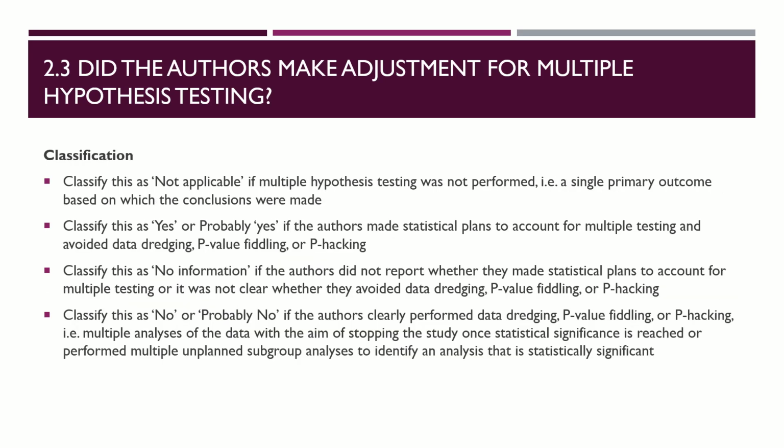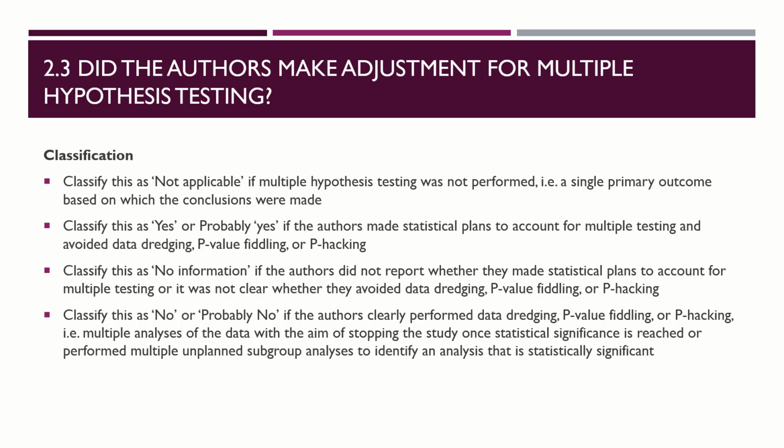Okay, how will you classify this question? Classify this as not applicable if multiple hypothesis testing was not performed. In other words, there is just one single primary outcome based on which the conclusions were made. Classify this as yes or probably yes if the authors made statistical plans to account for multiple testing and avoided data dredging or p-value fiddling or p-hacking, whichever way you want to call it.